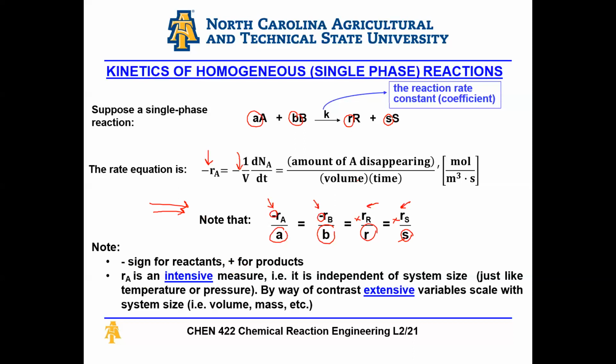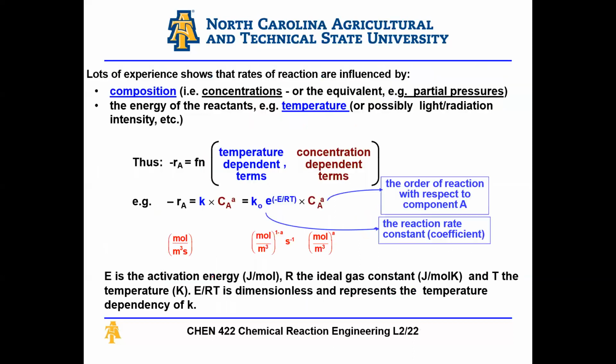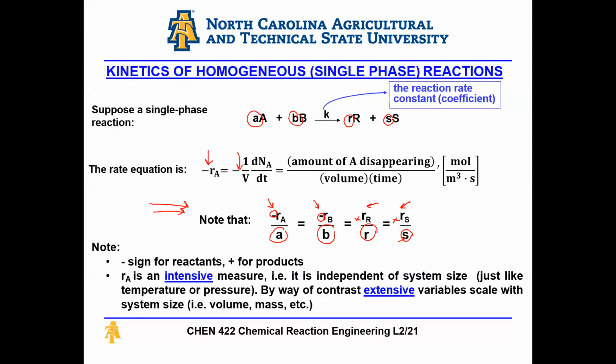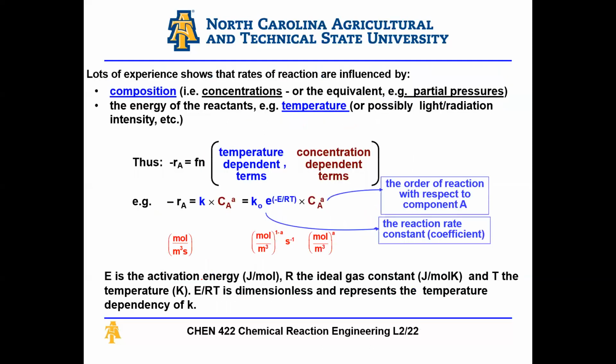So whether you're getting the reaction rate for a very small volume or a very large volume, the number itself is independent because it is per volume. This is in contrast to extensive variables such as volume, mass, etc. So RA is intensive. You need to be aware of this. It's independent of your volume or of your mass of either reactor or catalyst. Okay, moving on.